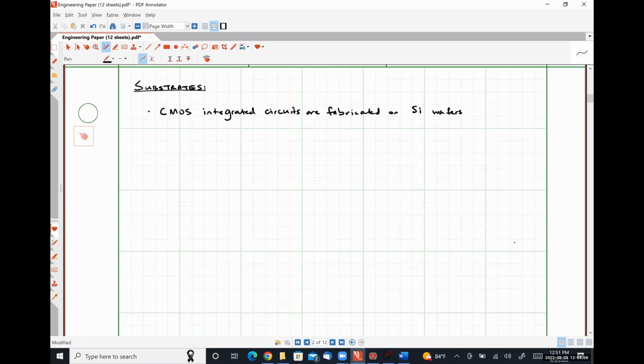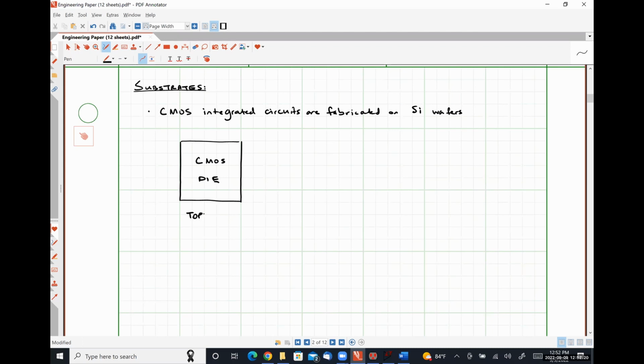Typically, an integrated circuit itself, when we purchase it, is on a die, okay? So it is some rectangular form of silicon where, let's call this a CMOS die.